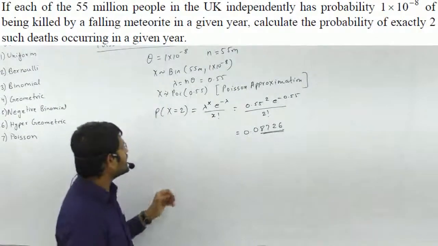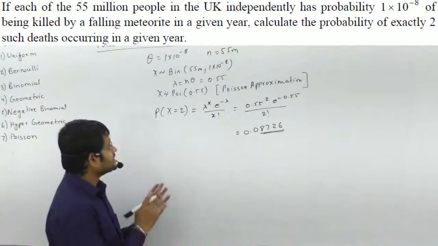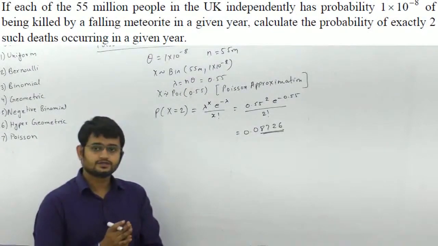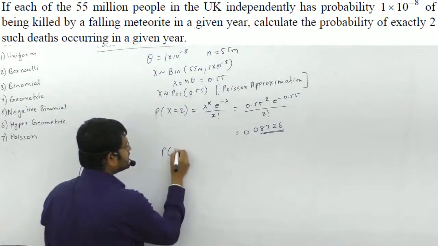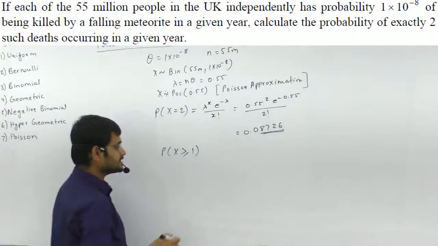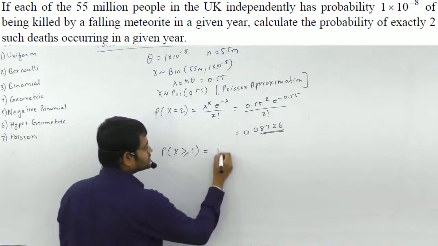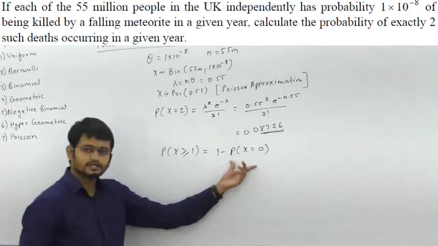And if you want to find that at least 1 person dies due to the meteorite falling, it will be probability x greater than or equal to 1. Probability x greater than or equal to 1 can be written as 1 minus probability x equals 0. Only 0 is left out.